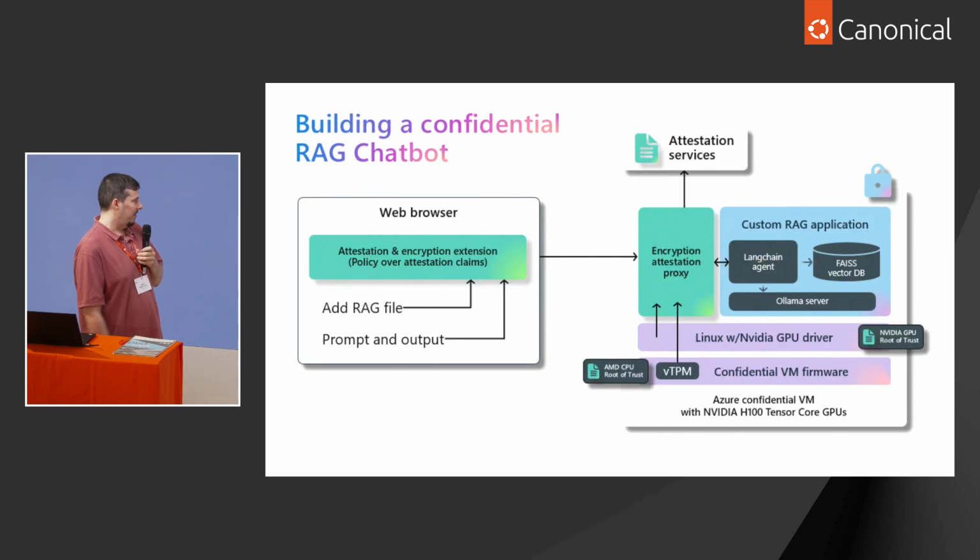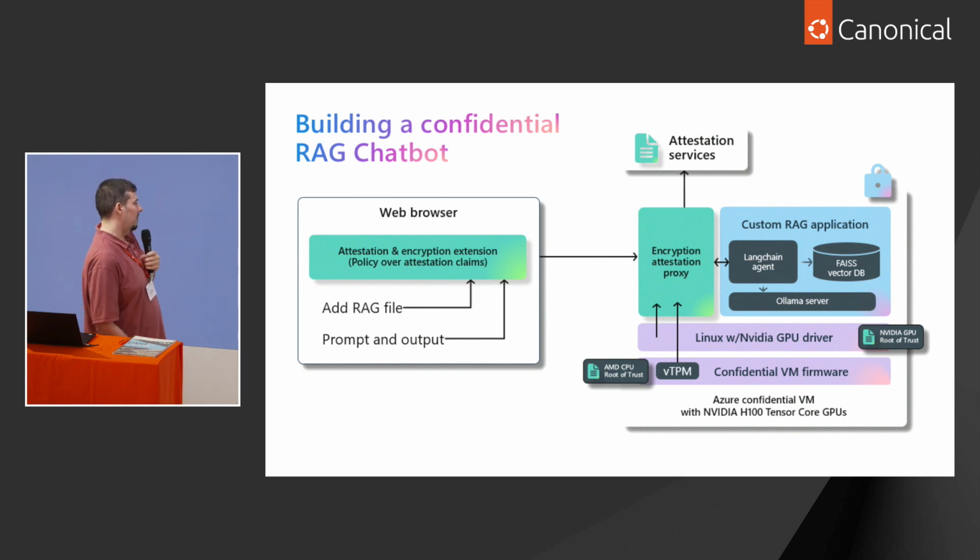To finish, I have a small demo of an application that we built as an example of what you can build on confidential GPU VM. The idea here is that we want to build a web-based chatbot, but we want the user of the chatbot to be able to verify that the data that is sent is only processed in the confidential GPU VM.